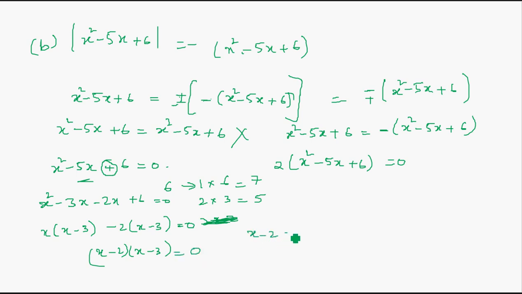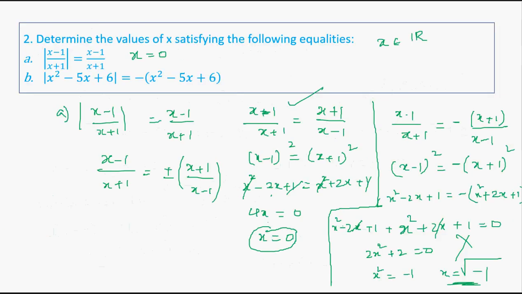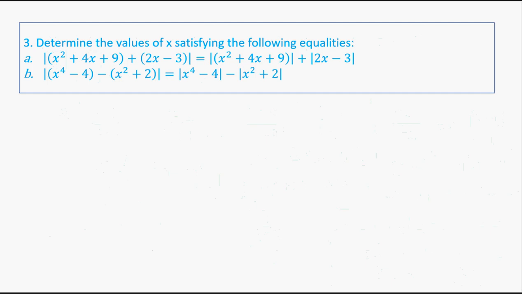So either x minus 2 is 0 or x minus 3 is 0 for this equation to become 0, right? So we will get x is equal to 2 or 3, right? So that's how you solve the two equalities, and we'll move on to the next problem. So this is the problem.